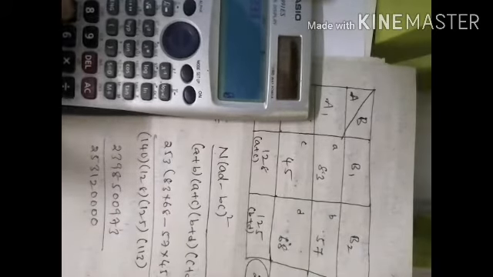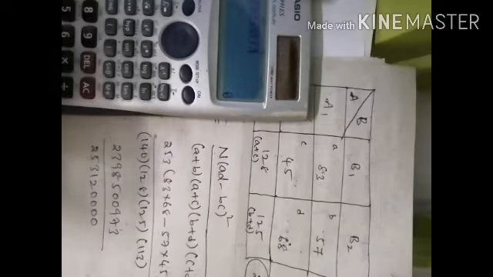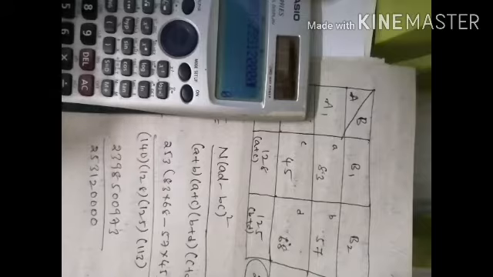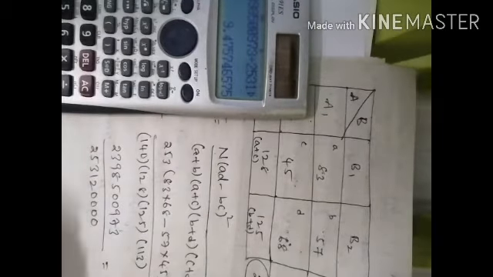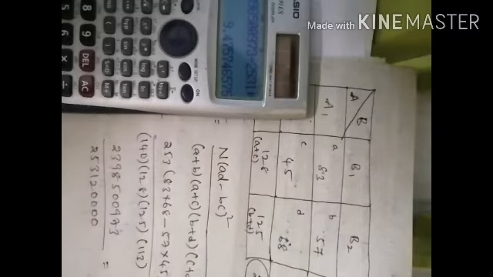So 23985000973 divided by 25312000 is equal to 9.4757.